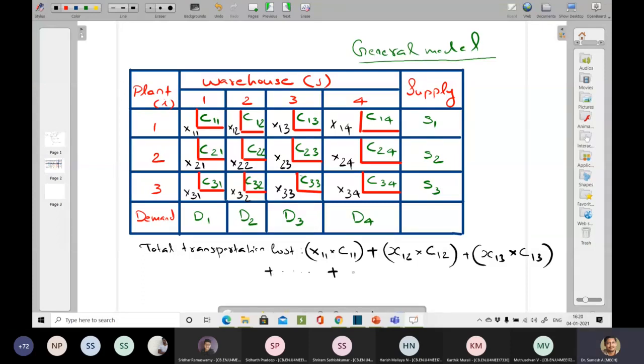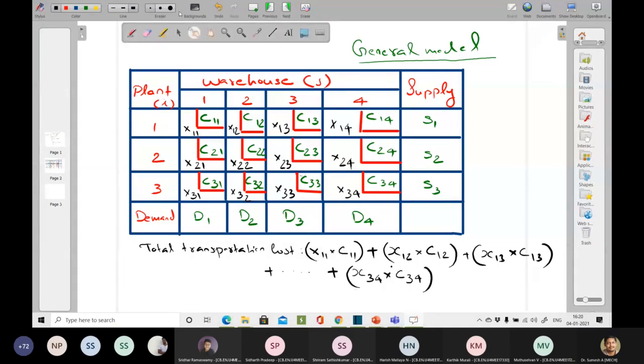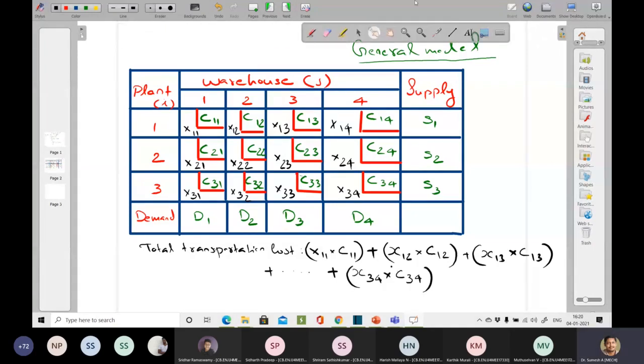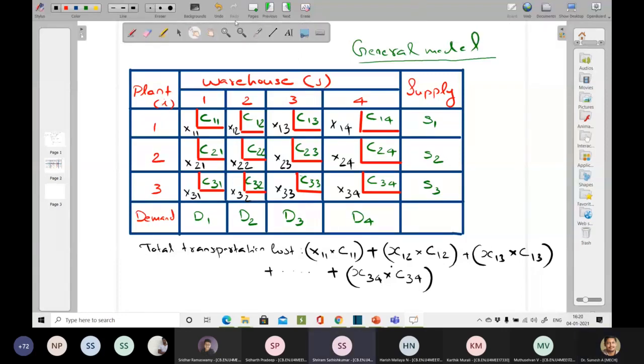Okay, so now what will be the objective function? Total transportation cost is minimum. So objective function will be to minimize that function, sir, total transportation cost.